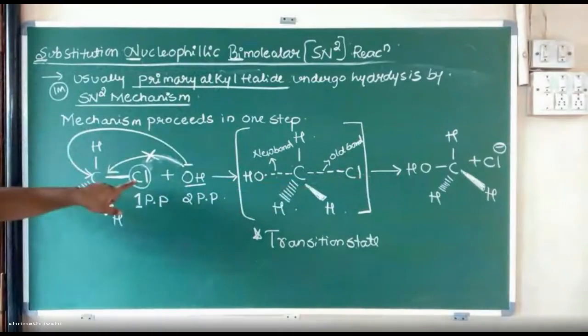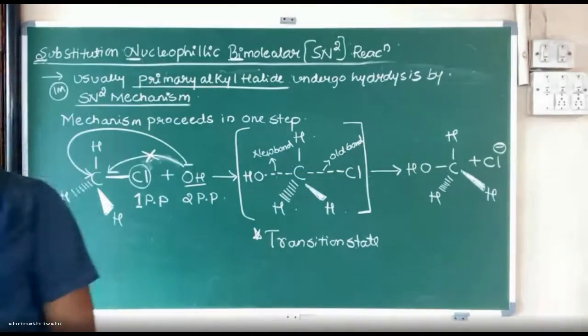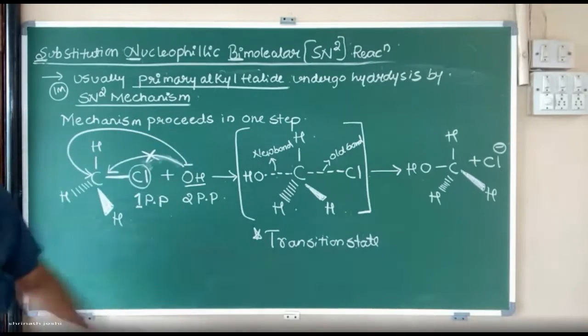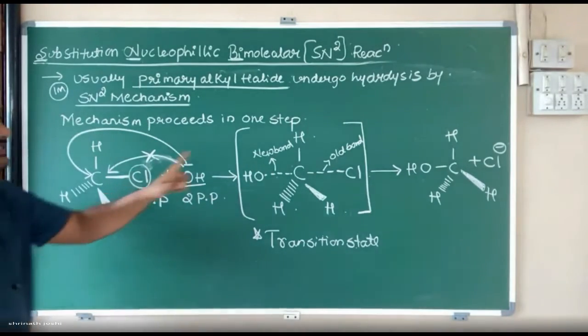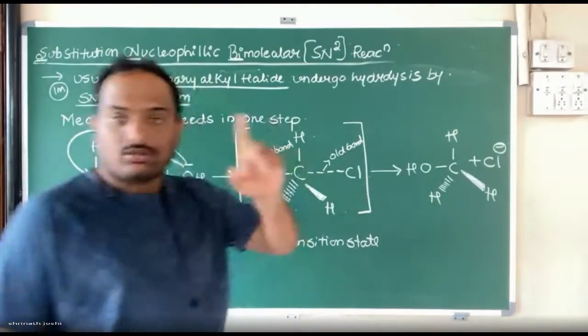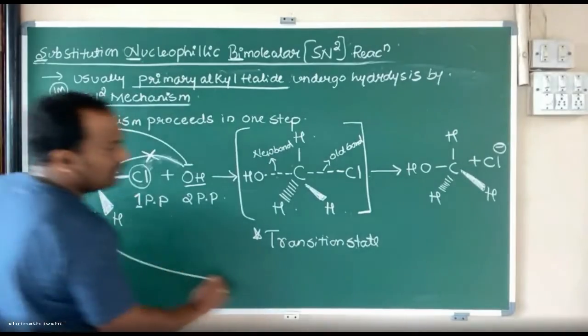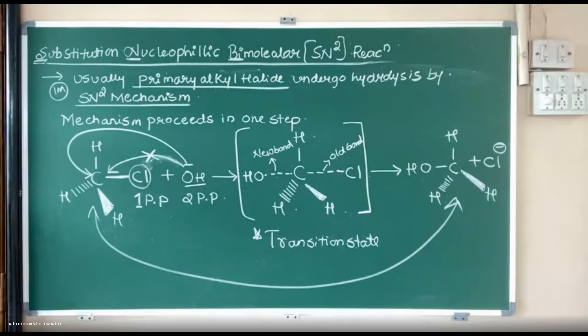See here, where your Cl was there, on the opposite side OH has come, correct? See the product, see this one and see that product. See how beautiful it is. See this reactant and see the product. My question, is there any change in the position of the carbon from here to here? Look and tell. Is there any change in the carbon atom position?